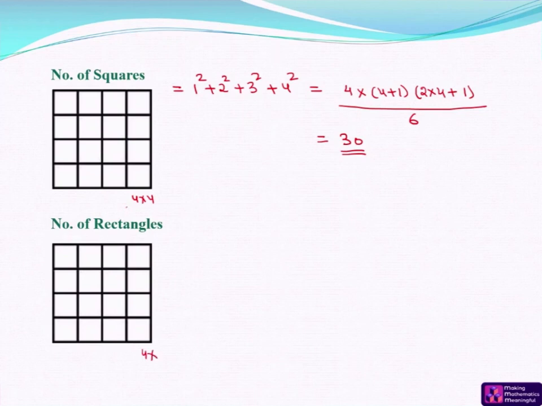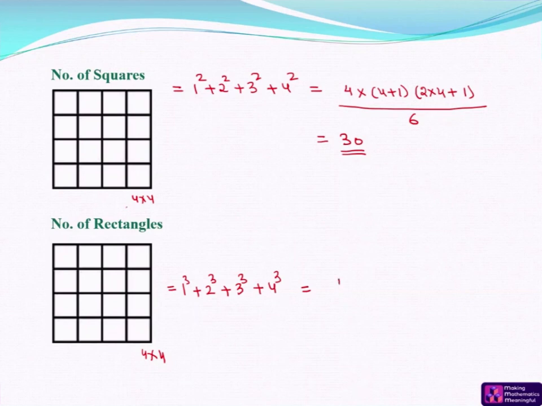And when we talk about the number of rectangles, obviously it will be 1 cube plus 2 cube plus 3 cube plus 4 cube. Yes, you can add them manually, but we will solve it using the direct formula which we have just seen.